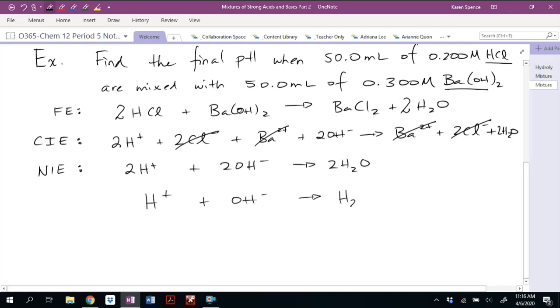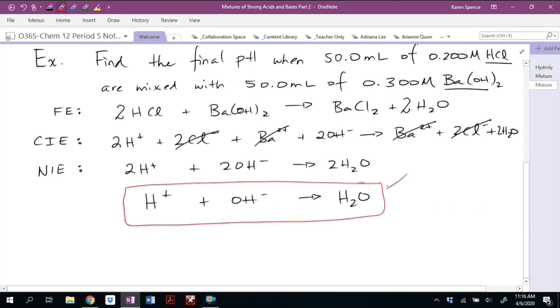And in fact, this is the net ionic equation for every single strong acid, strong base reaction. It doesn't matter whether you have two hydroxides in the compound or whether you have a triprotic acid. It doesn't matter. As long as everybody is strong, you're going to end up with this reaction here.